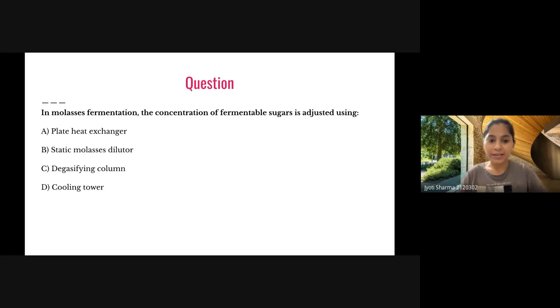Okay, so I got A answer, I got B answer. But I agree with B only. So we will use the static molasses diluter. This is a kind of machine that will help to adjust the concentration of fermentable sugar. So that's how B is the right one.